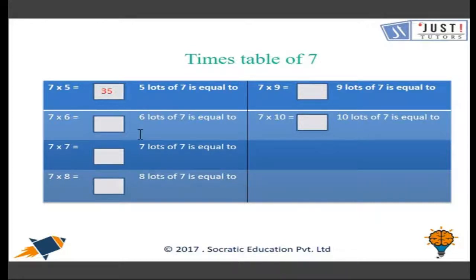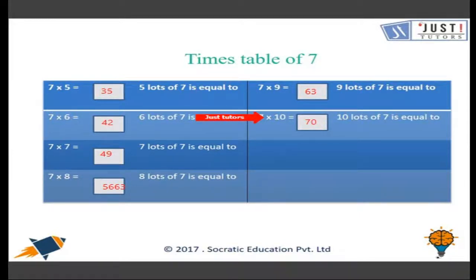Then 6 lots of 7 will make 42. 7 lots of 7 will make 49. 8 lots of 7 will make 56. 9 lots of 7 would be 63. And 10 lots of 7 will be 70. So we have completed the times table of 7.